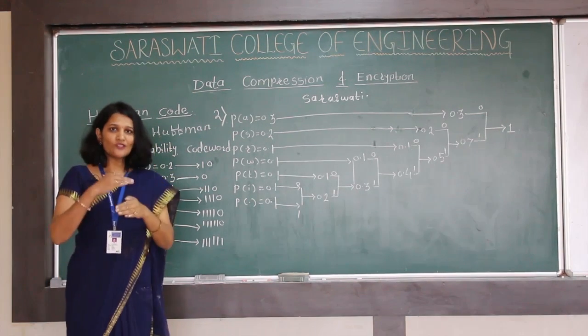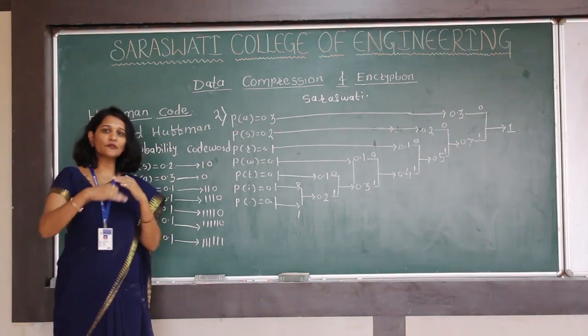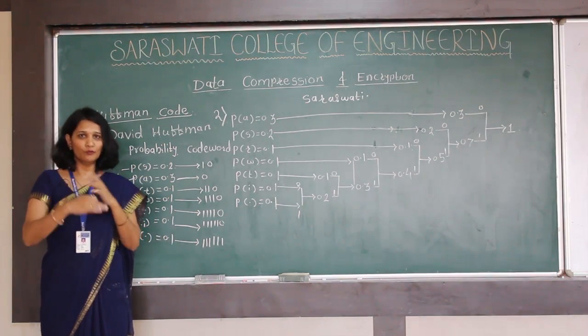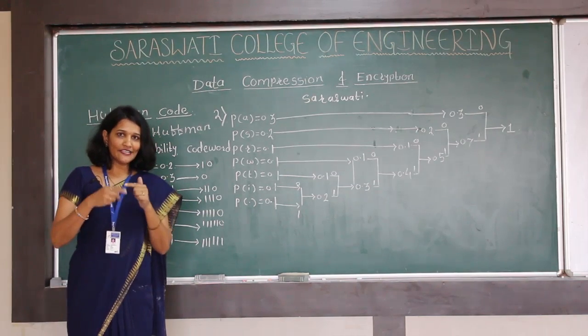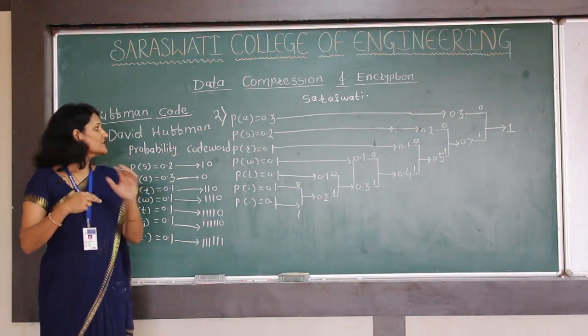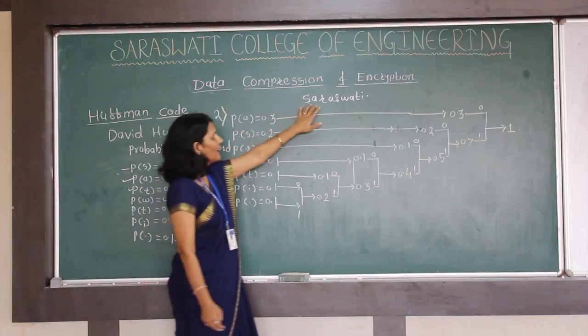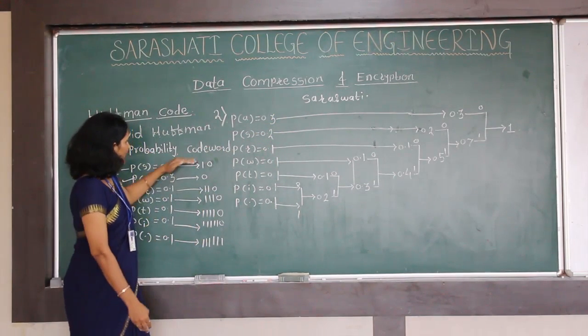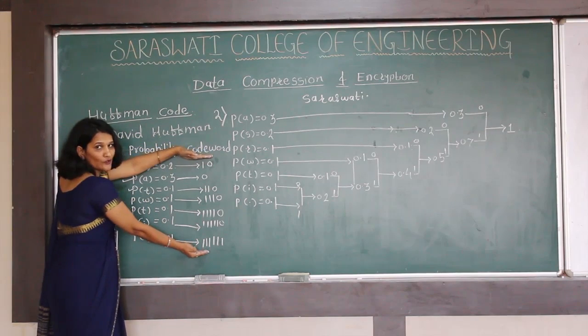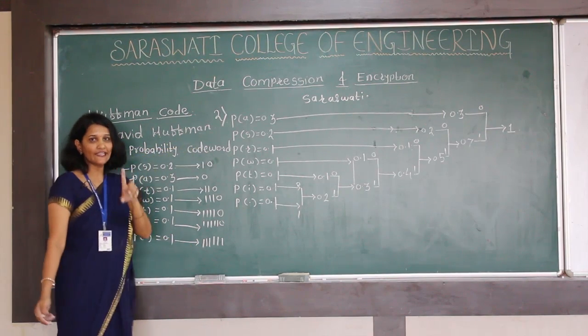If suppose this word Saraswati is repeated 1000 times in a book or any PDF file, in that case instead of sending each individual symbol 1000 times, simply send this code word only, for a single time.